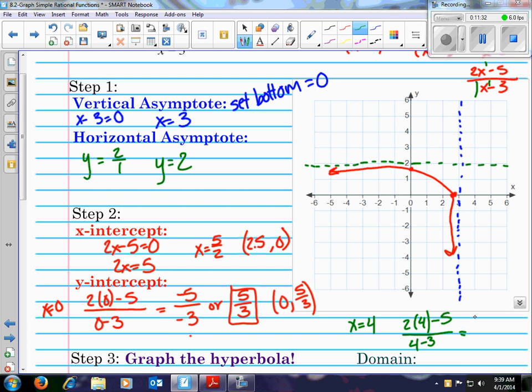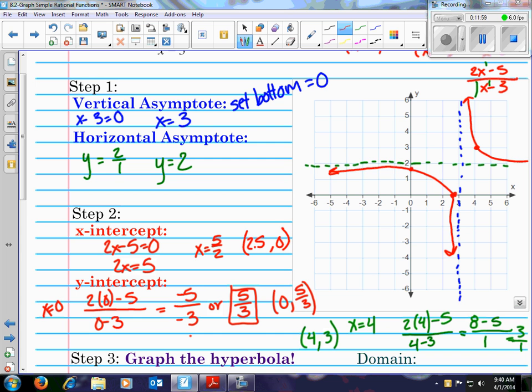So I have 8 minus 5 over 4 minus 3, which is 1. So I end up with 3 over 1. So at x equals 4, my y is 3. So I'm going to plot the point over 4, up 3. So this half of my graph is just going to be like this.